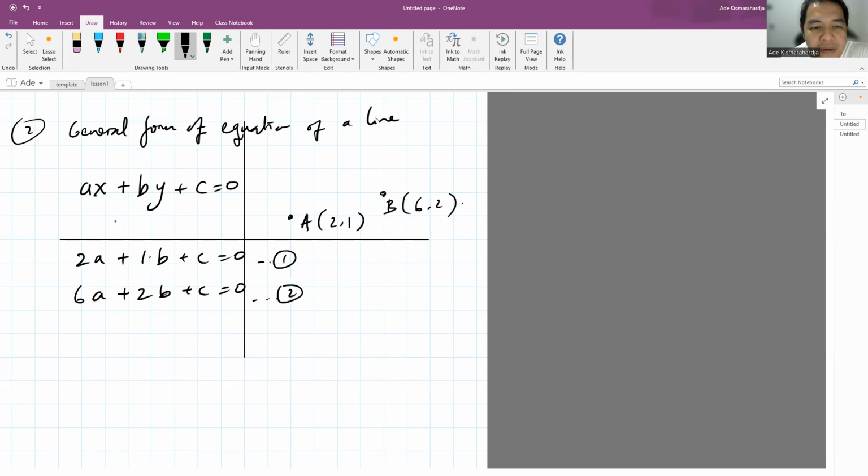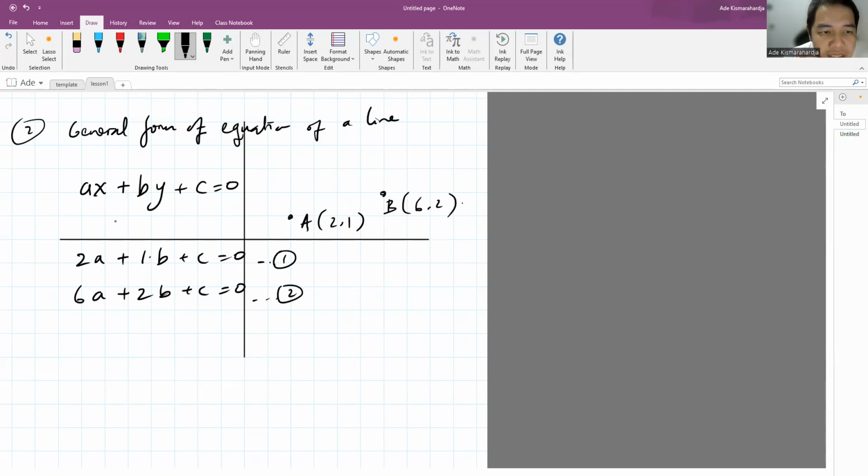Now you might think, we have 2 equations but 3 unknowns, so how can we solve them? Actually, what you want is to write b and c in terms of, let's say, a. That's relatively easy.